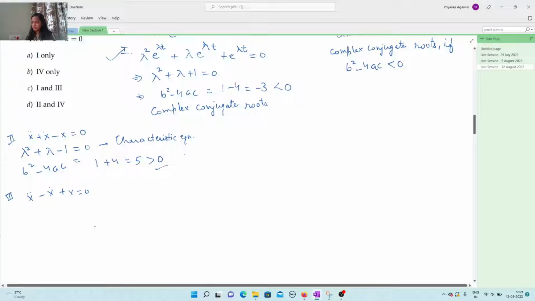So the characteristic equation will become lambda square e to the power lambda t plus 5 lambda e to the power lambda t plus 6 e to the power lambda t equals to 0.